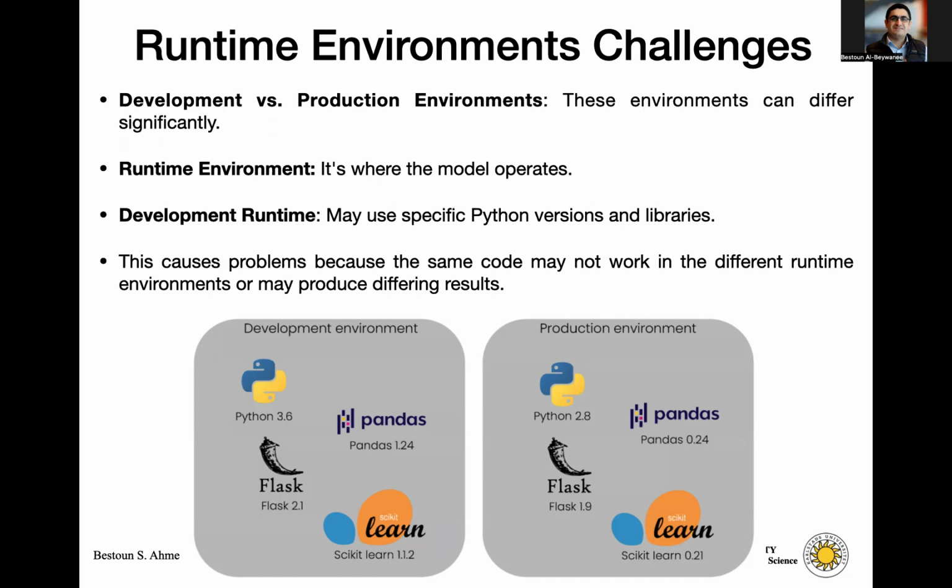That's why, if you remember, in the last module we were talking about containerization. For example, if you use Python 3.6 during development and the production environment's Python version is 2.8, sometimes it crashes and doesn't work.